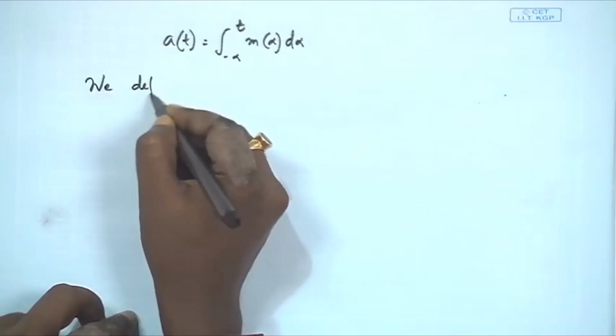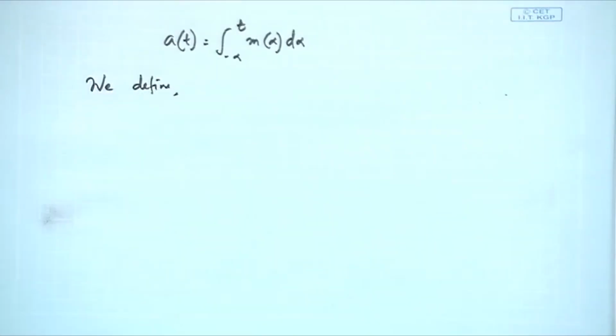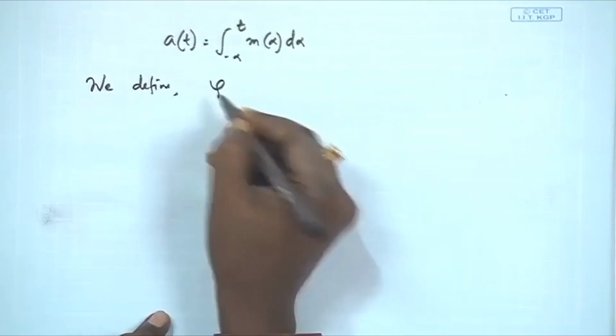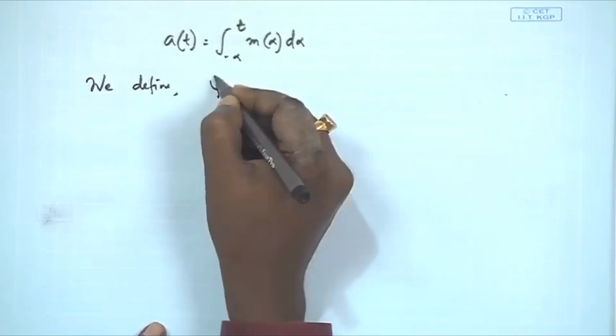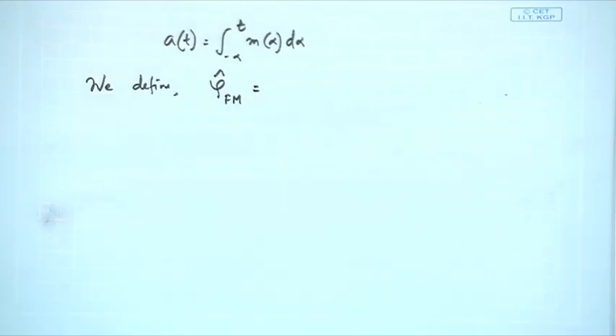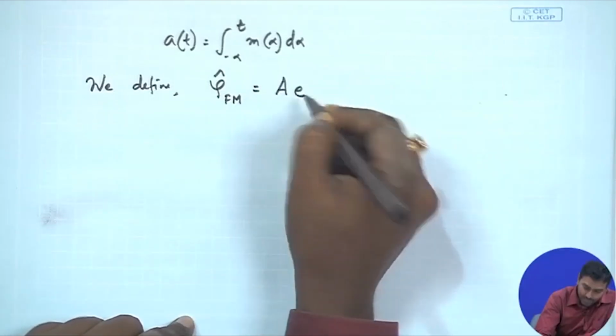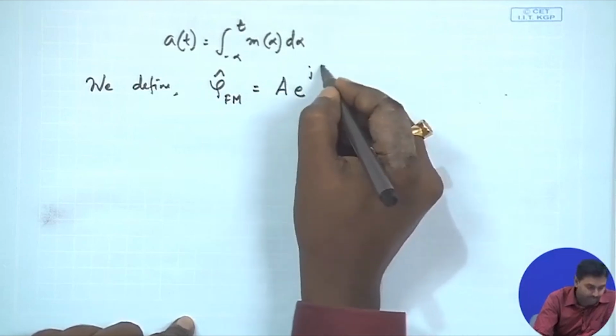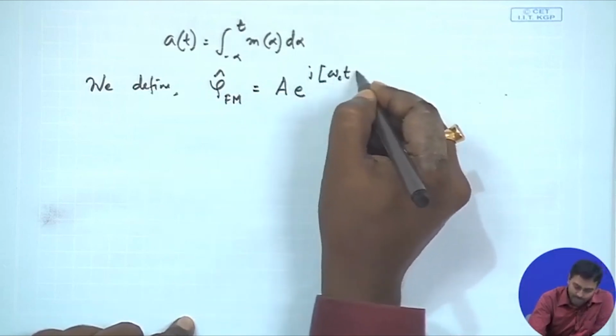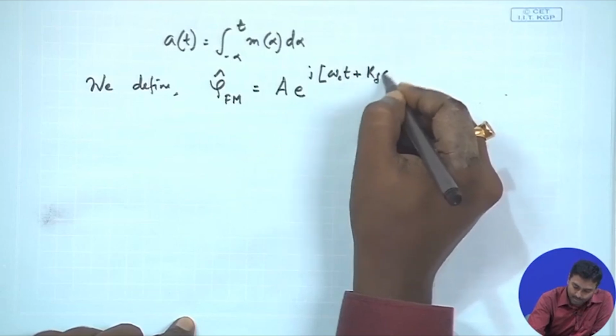So, then we define something, you will see why we are defining this. We are not calling it phi_FM, but phi hat FM, because I am defining a complex signal. I will define it like this: A e to the power j(omega_c t plus k_f a(t)).